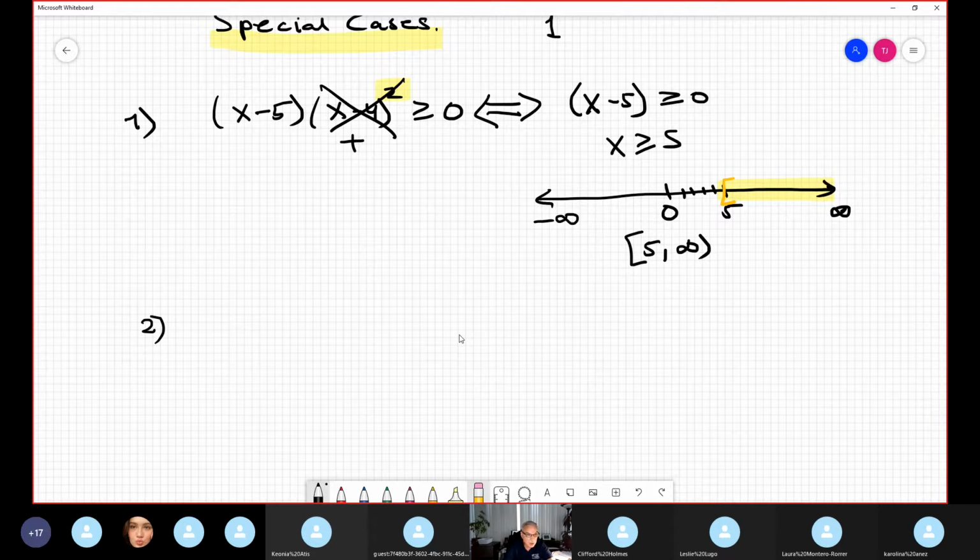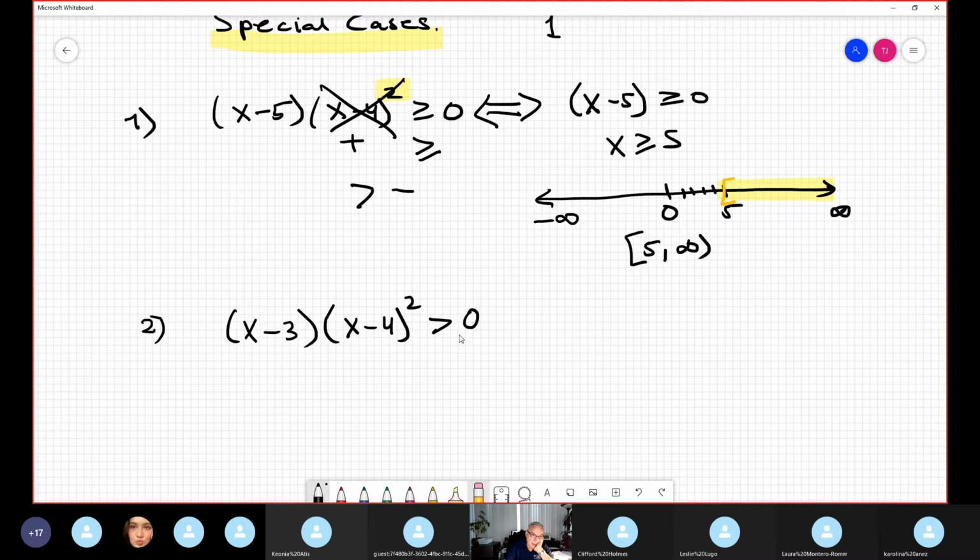But what's going on is you have, for example, x minus 3 and x minus 4 squared, very, very similar, but only greater than 0. This is different. What is the difference? The difference is that this sign is greater than or equal, a combination of inequality and equation, and this is just inequality.